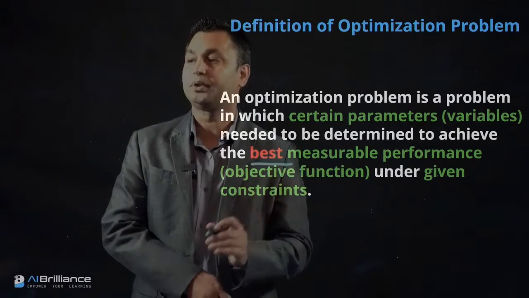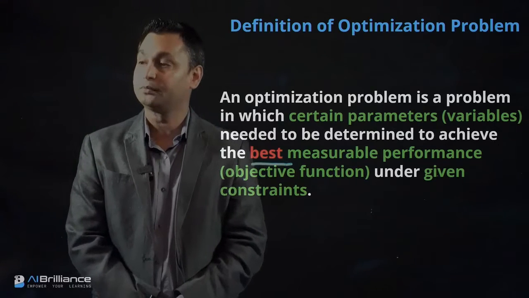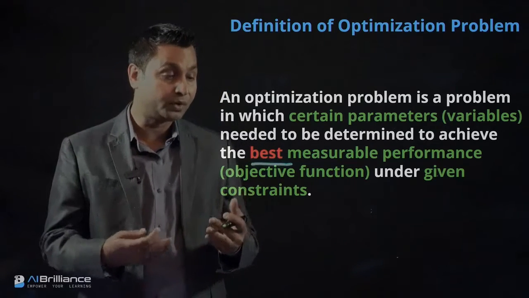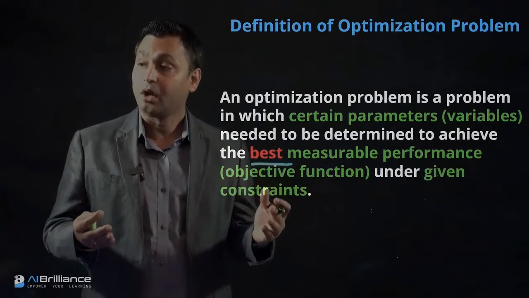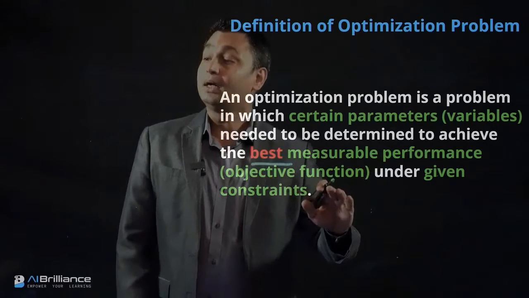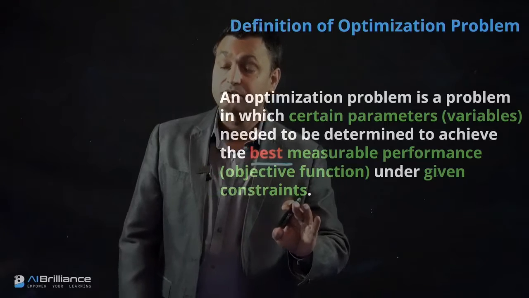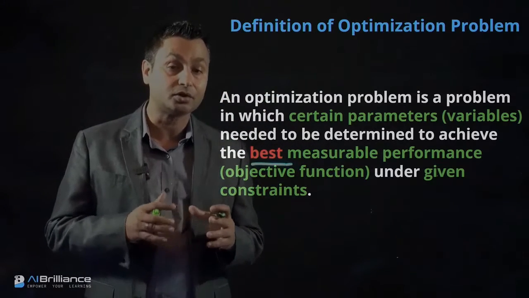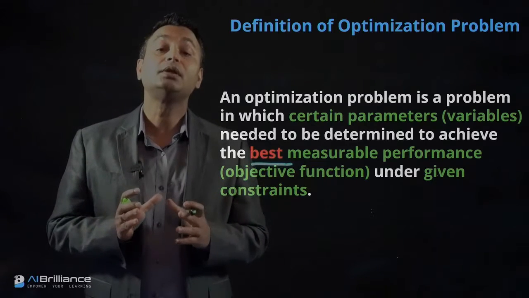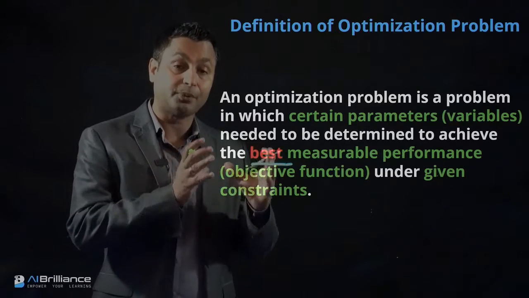The goal is to obtain the best, which might be minimal or maximal, depending upon whether we want to minimize or maximize the objective function, under given constraints, right? So you will not only have the objective function, but sometimes you might also have a set of constraints pertinent to that problem.